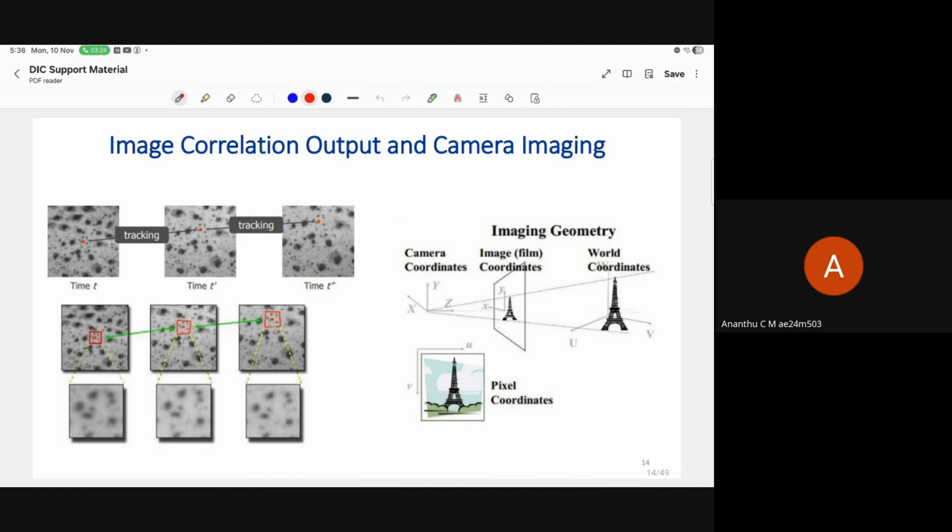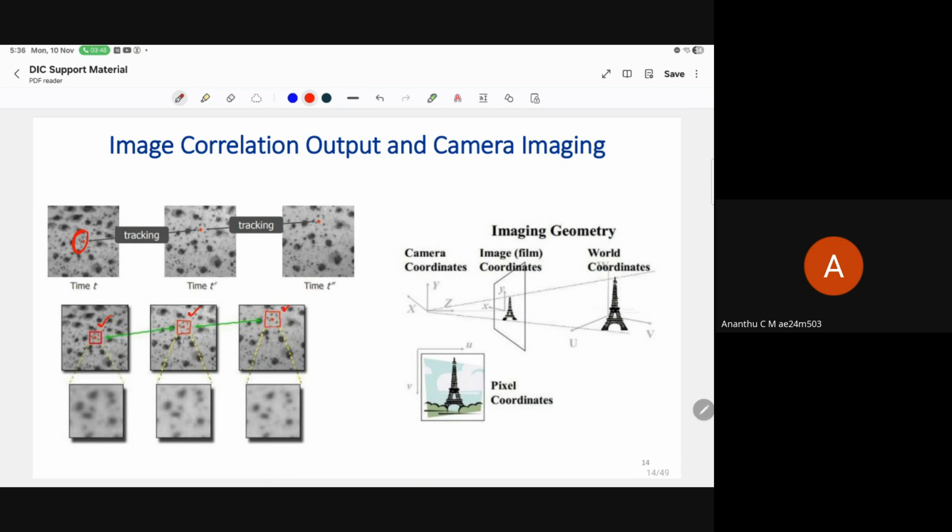Okay, so we'll start. As we know, if we perform the digital image correlation process, fundamentally what we achieve is the displacements of a point of interest, right? So if this is our point of interest and we want to track it during the deformation process, we create subsets.